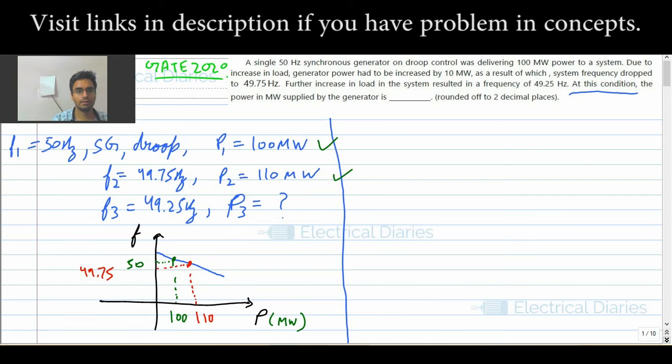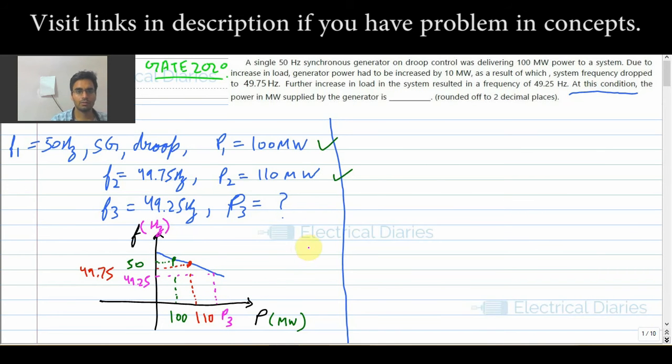That is, our P3 will be somewhere here, because the power is increased, then only the frequency is reduced. So this is your P3 and this is your 49.25 hertz. Frequency is in hertz. So now you have to find this P3.